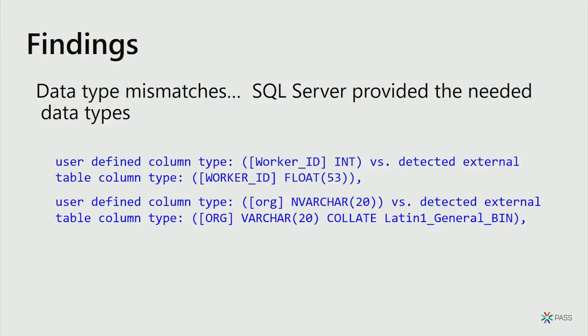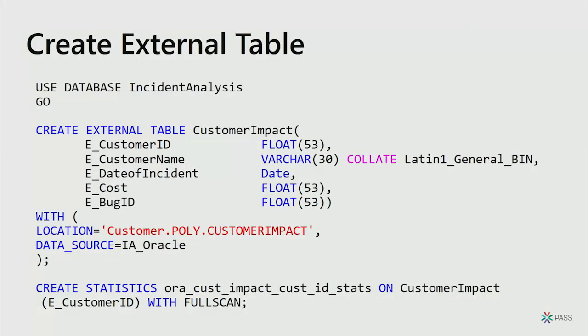One of the things Kim and I found when we were doing this, you probably noticed on the previous slide, we had a bunch of different data types. Using Oracle as an example, it's not always easy to say this data type in Oracle must be this in SQL Server. It gets even more crazy when you think of the MongoDBs or the Cassandras or the HDFS or Spark file systems.